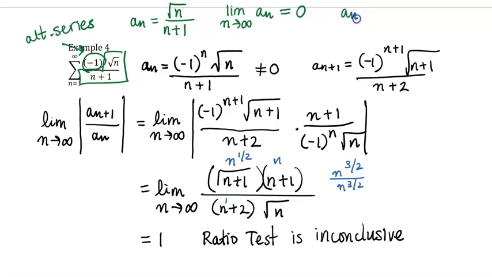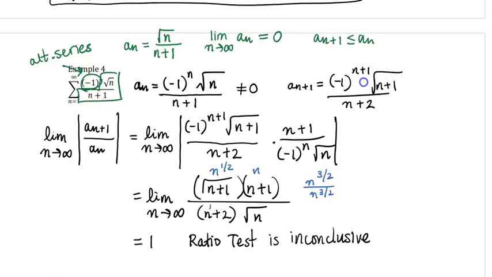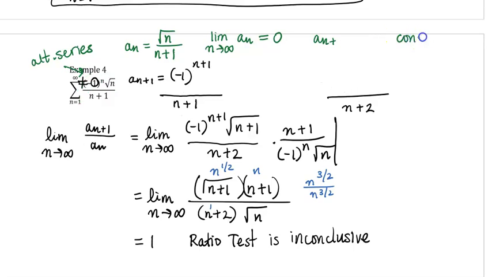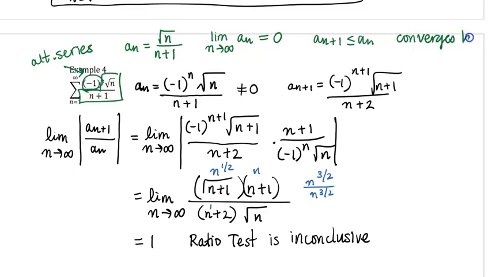And you would also need to point out that a sub n is a decreasing sequence, which it is, since the denominator is larger than the numerator. Those terms are getting smaller. Therefore, we could conclude that this series converges by the alternating series test.